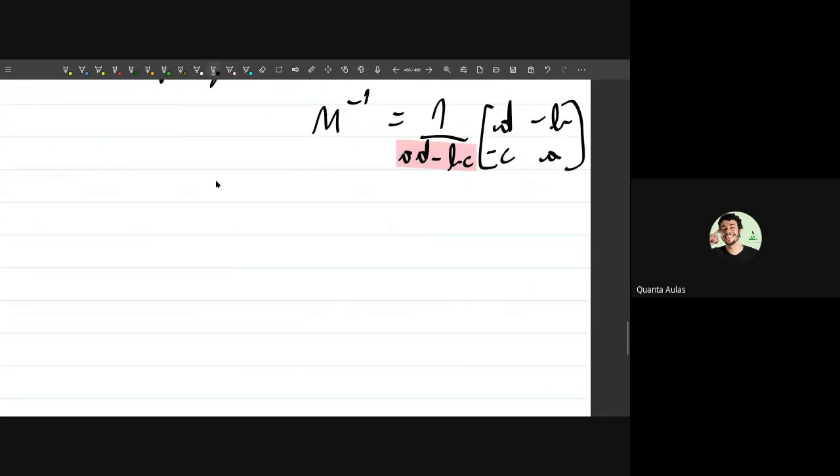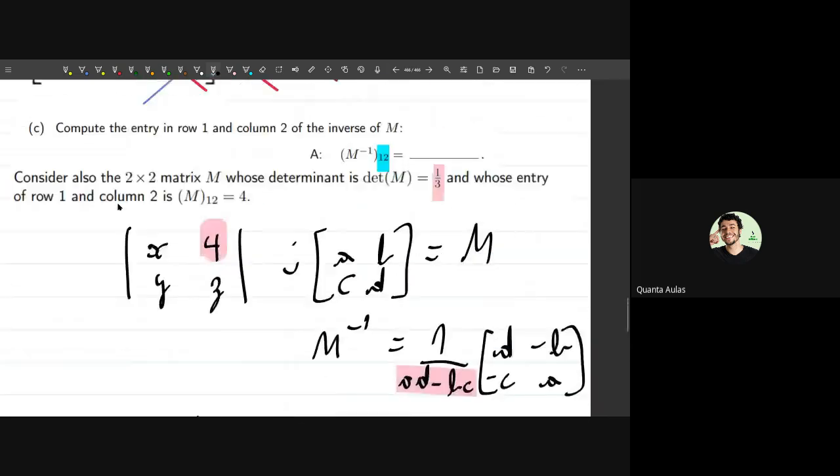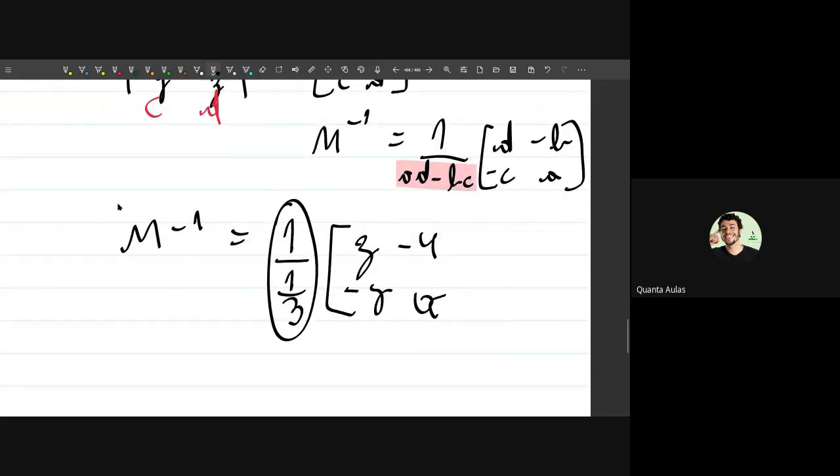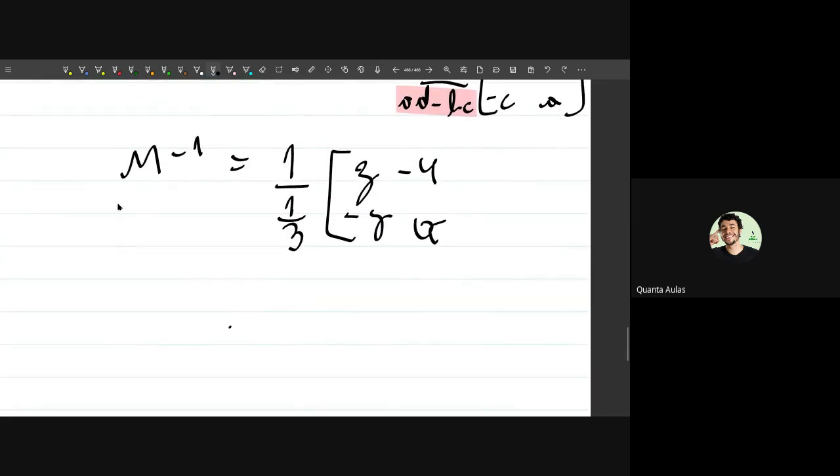For example, we already know this term outside here is 1/3, right? So we pay attention to the things. Here is A, here is B, here is C, here is D. And you need to change the things. D, minus B, B is 4, minus 4. Minus C, and A. So we have this fraction thing. We already learned this in our first year in school.